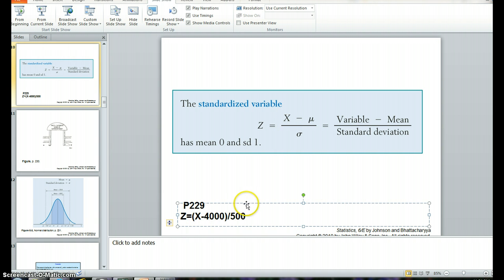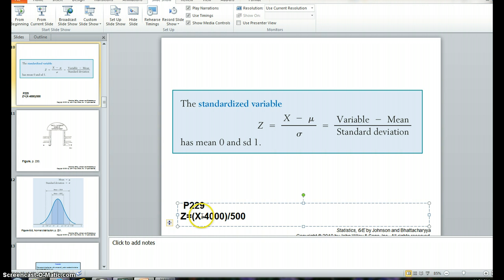So the z variable, how do we calculate it? What x means is whatever. In this example, it's the commission the salesperson makes for each month, minus the 4,000, the average of the whole year, divided by the standard deviation 500. So X is converted to a standardized variable.